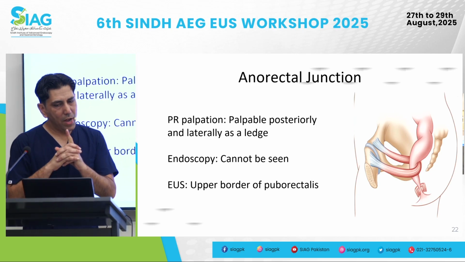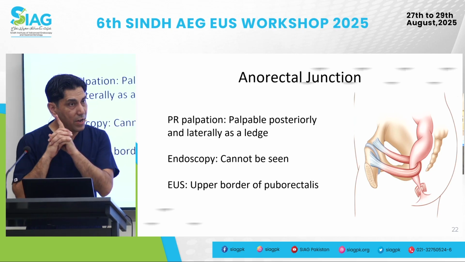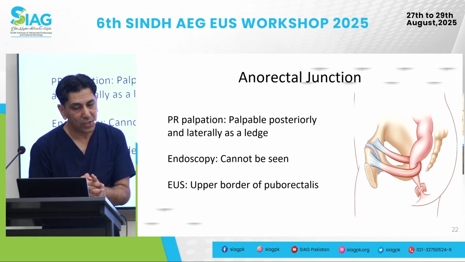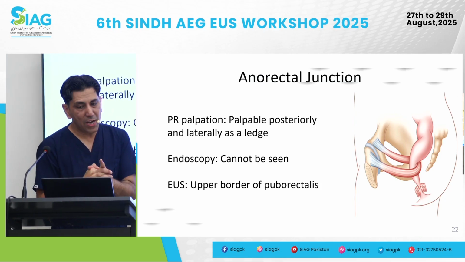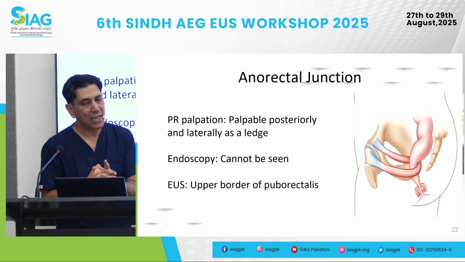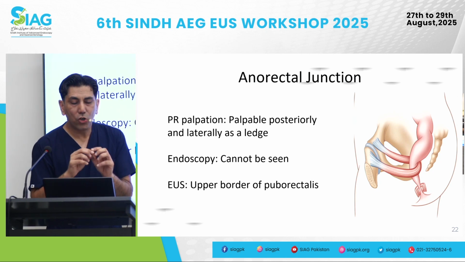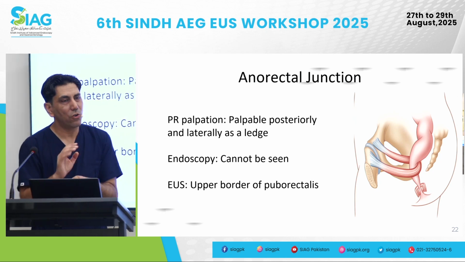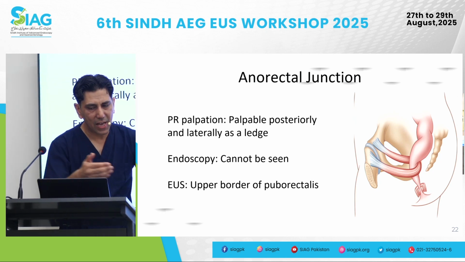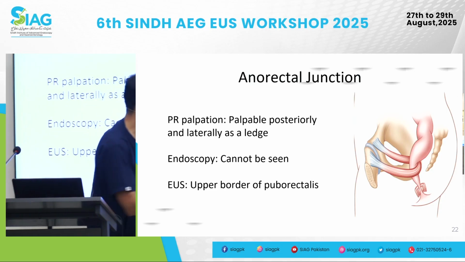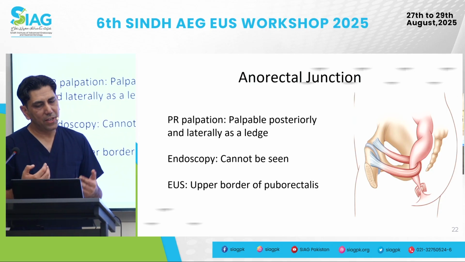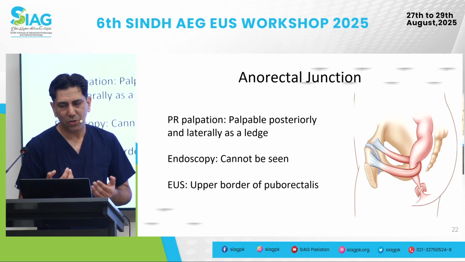So important that we start off examination with digital rectal examination. Palpate this anorectal junction posteriorly, which may give this ledge appearance laterally. On endoscopy, we can't actually see where this sling comes in, and then the EUS is just trying to focus.